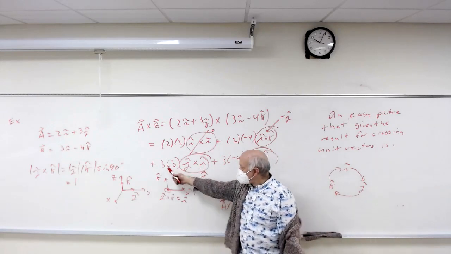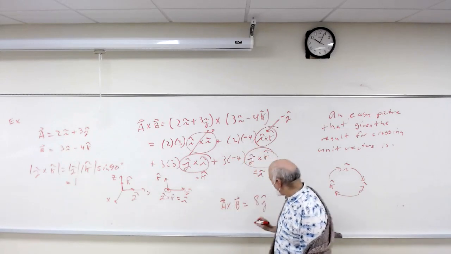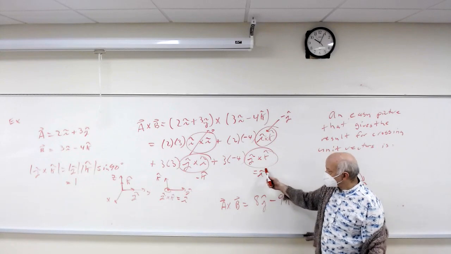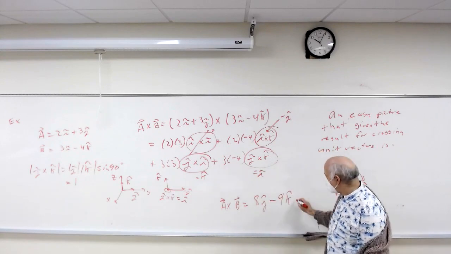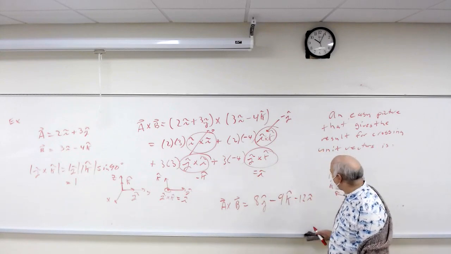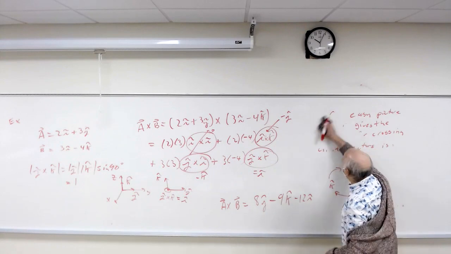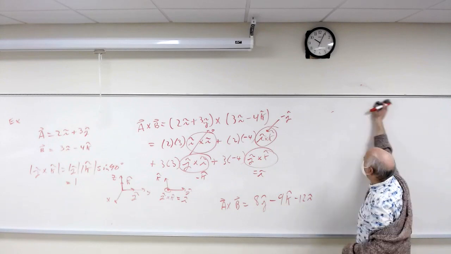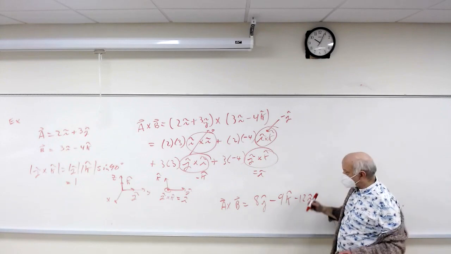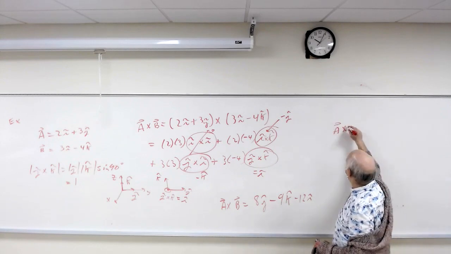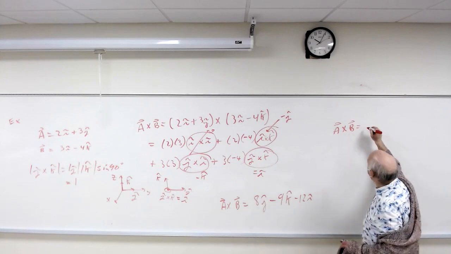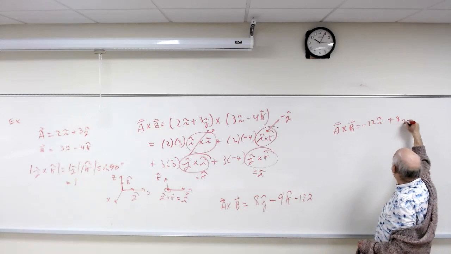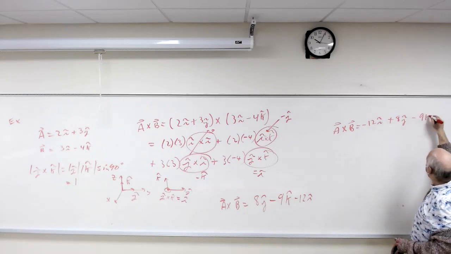This guy here is 3 and 3, 9, but with a minus sign, so this is minus 9 K hat. And this guy here is going to be minus 12 I hat. Normally I won't leave it like that because that looks kind of stupid. Normally it's always IJK, so I write A cross B is minus 12 I hat plus 8 J hat minus 9 K hat.